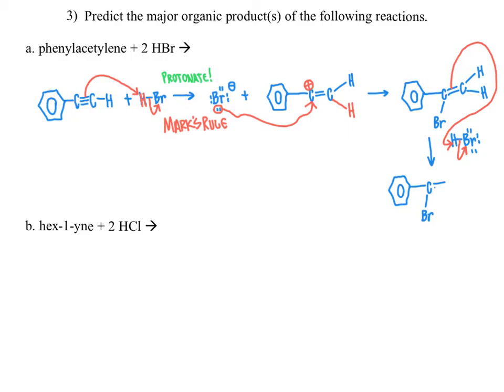That pi bond is no longer going to be there. Instead, it's a bond to the new proton, as we're showing here with our electron pushing arrow. And we decide again where to put that proton by following Markovnikov's rule, which indicates that new proton is going to go here on the carbon on your right. Originally a CH2, it picked up that extra proton, now a CH3, following Mark's rule.